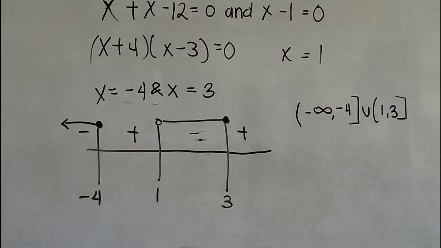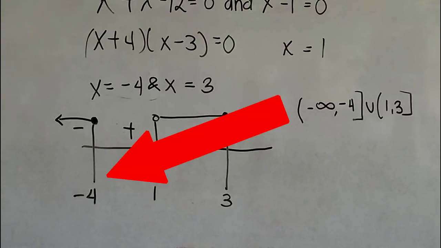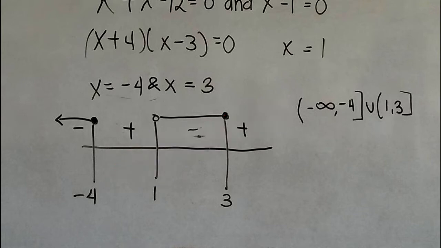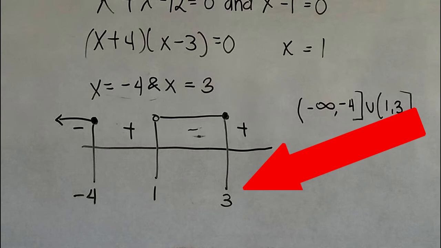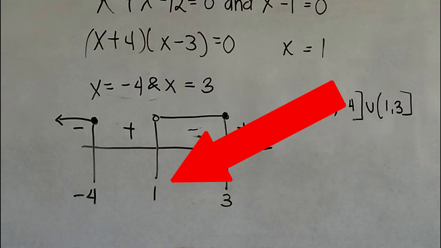In this case, you can choose x is equal to negative 4, which results in 14, and x is equal to 3, which results in 7, and you can choose x is equal to 1, which results in negative 11.